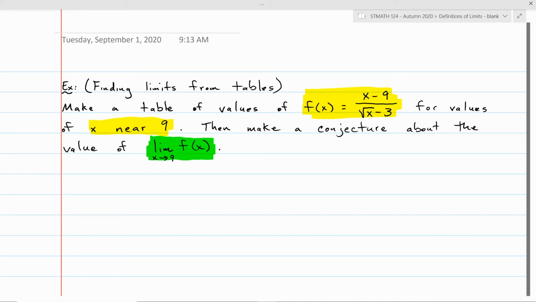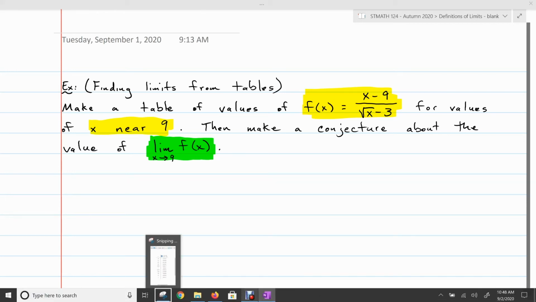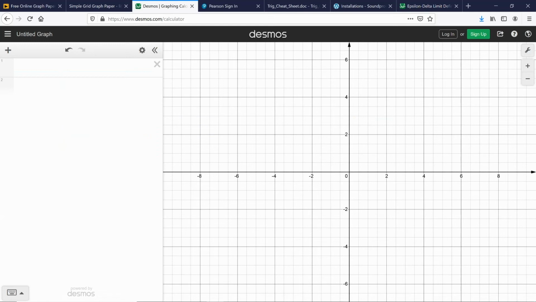I'm going to show you a pretty cool app that you can access online, and maybe you already know about this. If you Google Desmos, it gives you a really cool graphing calculator, but it also is a really cool way to make tables of values. So I'm going to put in that function, x minus 9, divided by the square root of x minus 3.